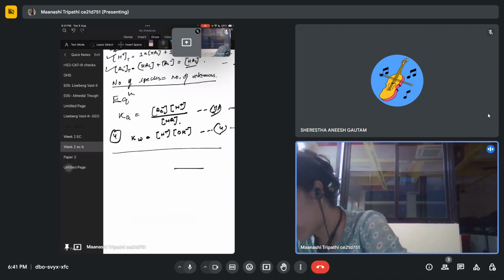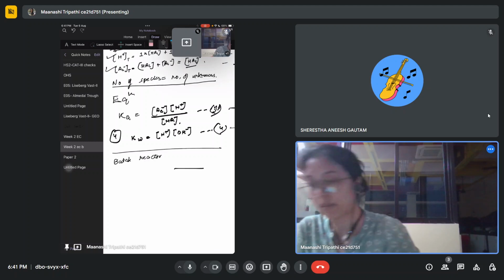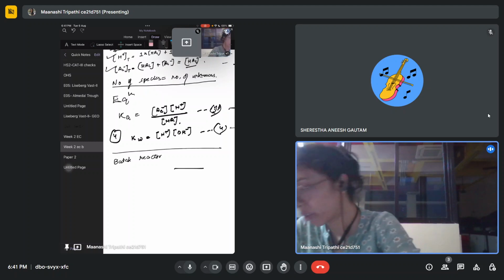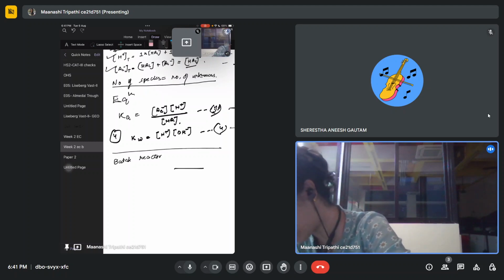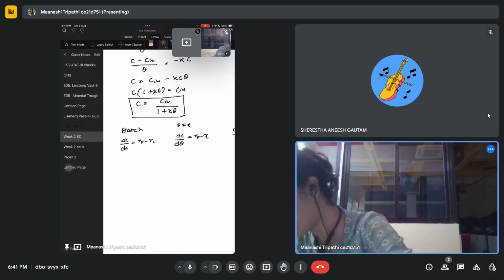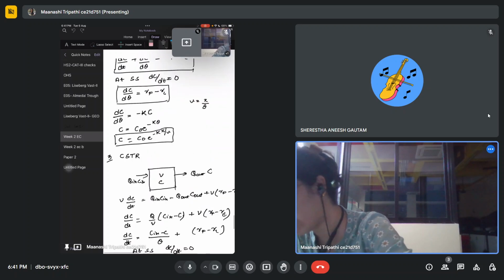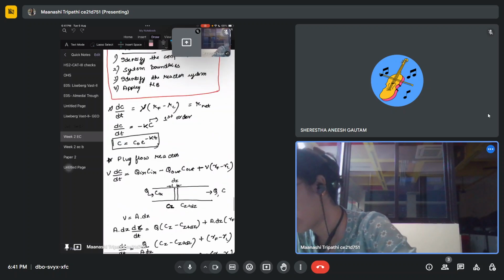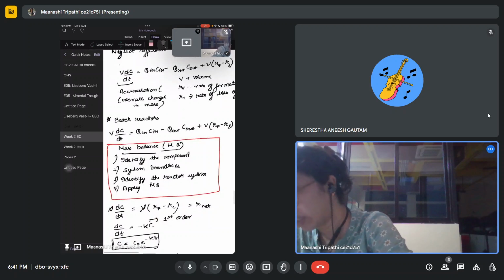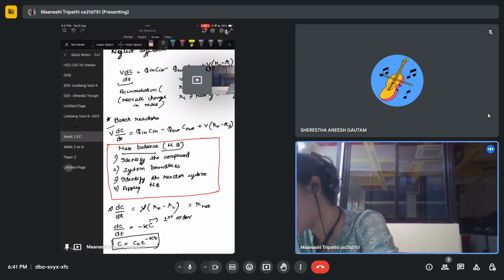Let's say batch reactor. So from the basic equation, what was the basic equation? This was the basic equation. So I will use some other color pen.